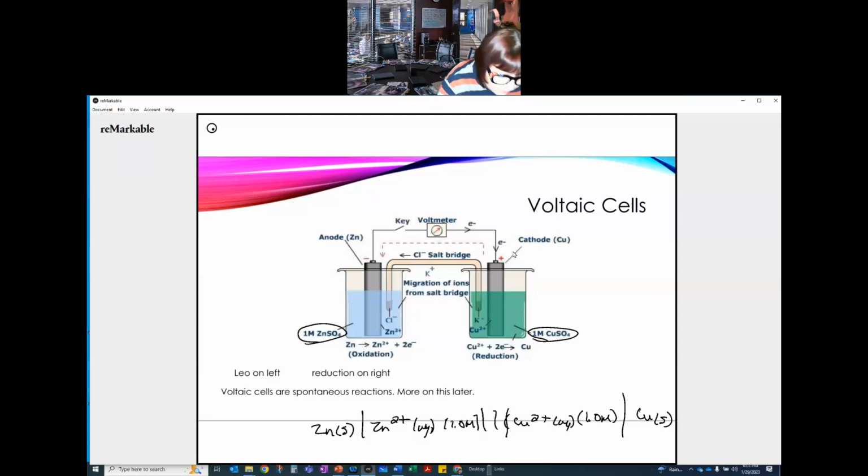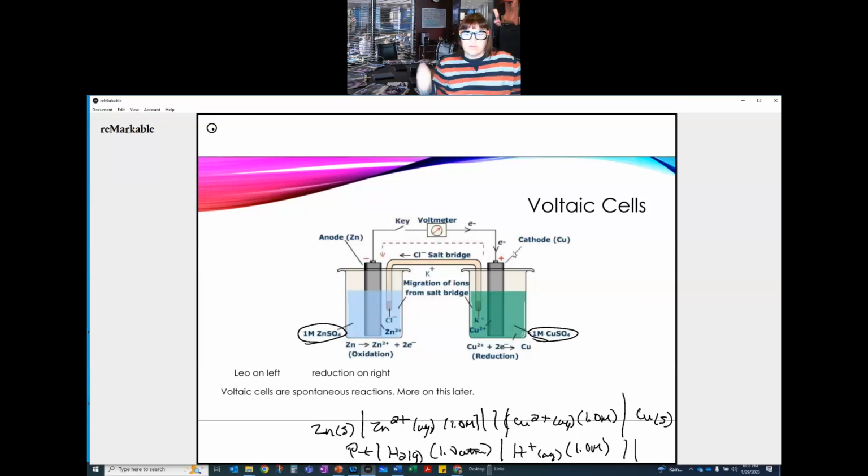Again, if this was a situation where I was looking at something against H2, which is a gas, we'd have Pt, H2 gas, and we'd list the conditions for the gas, phase boundary, H+, aqueous, 1.0 molar, and then our cell.